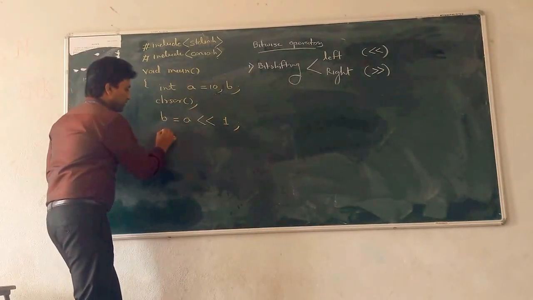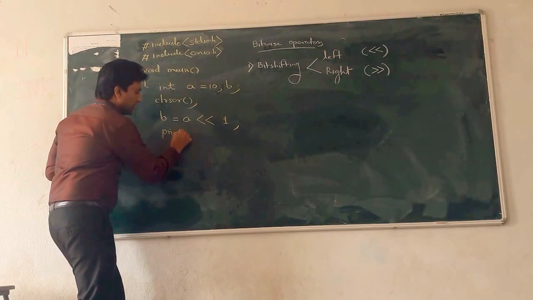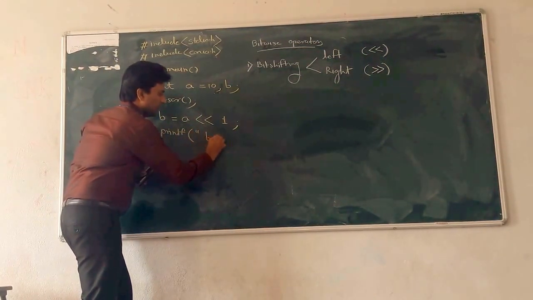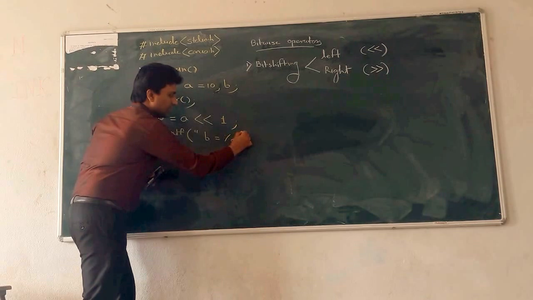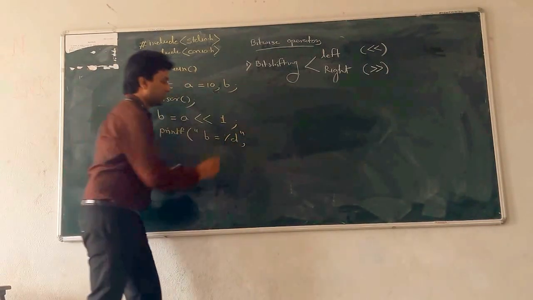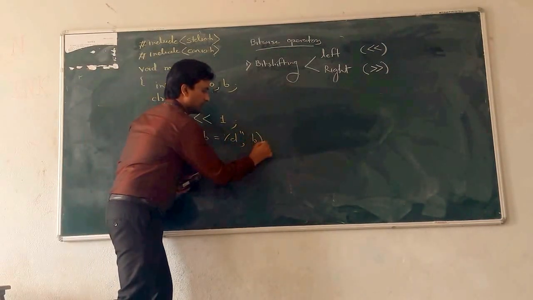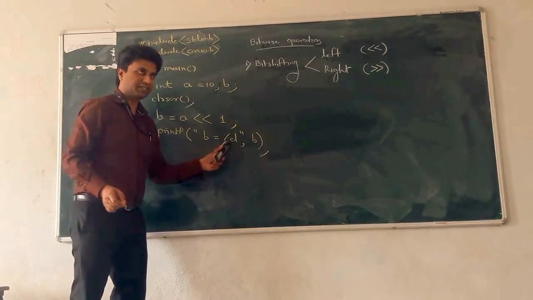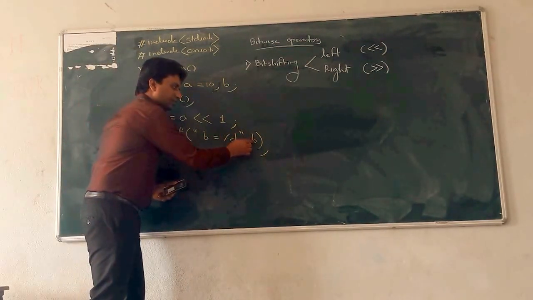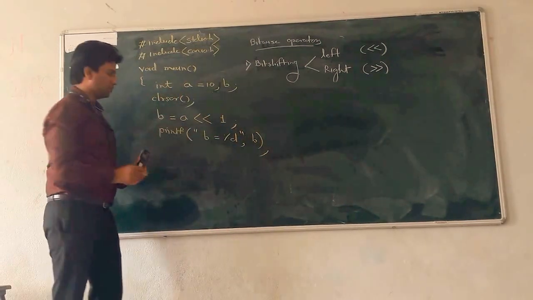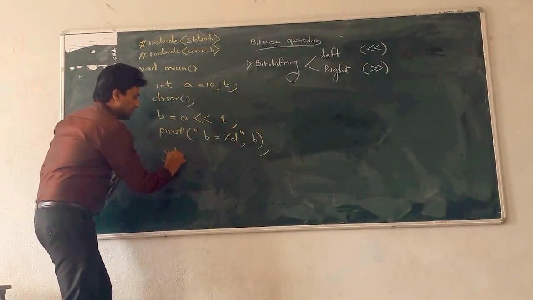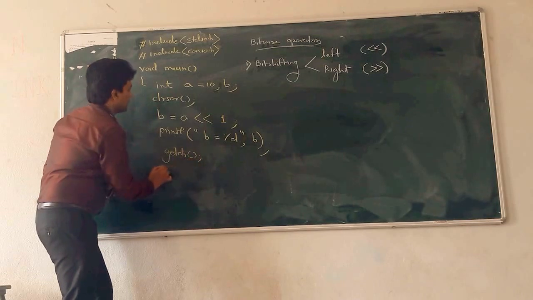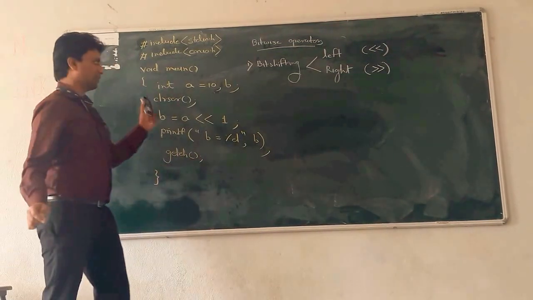After that, printf b is equal to percentage d in double quotes, comma, b, the name of the variable. Instead of percentage d, whatever value is stored in b is displayed on the console. The last statement is getch, after which the main function is complete.